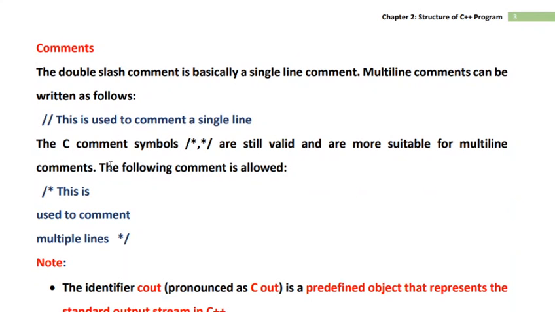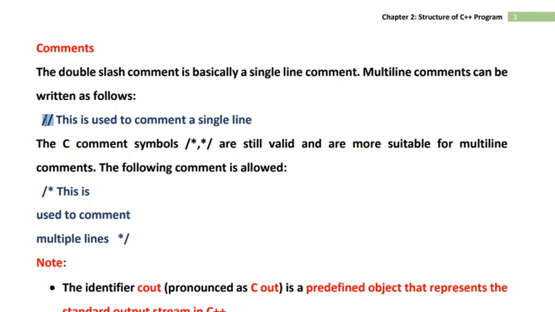Now comments. As in case of C program, we have comment lines that can be placed inside the program, that are ignored by the compiler or not translated by the compiler. So anything that follows a comment is basically ignored by the compiler. The double slash comment is basically a single line comment.